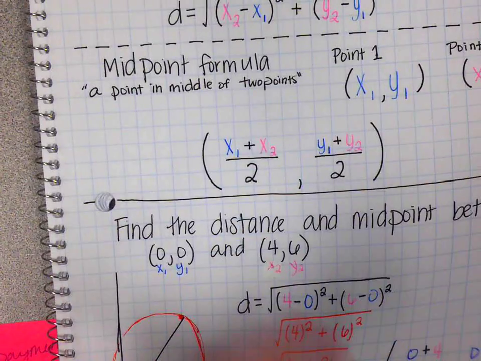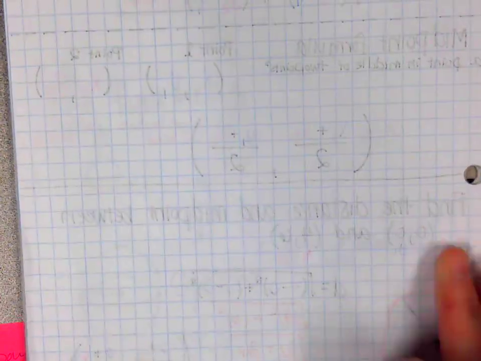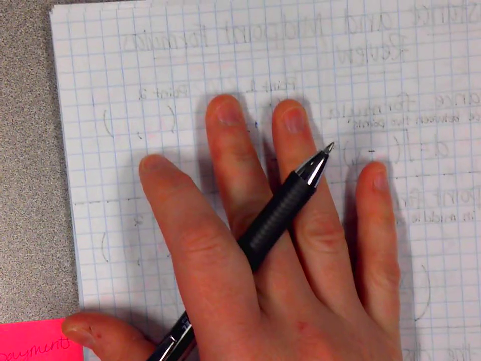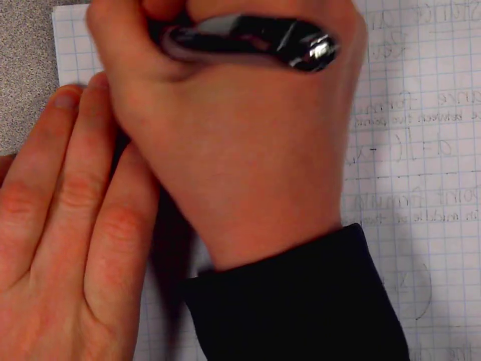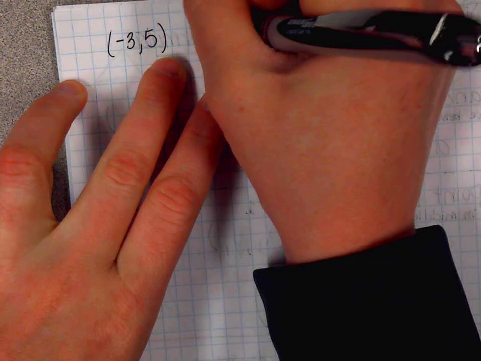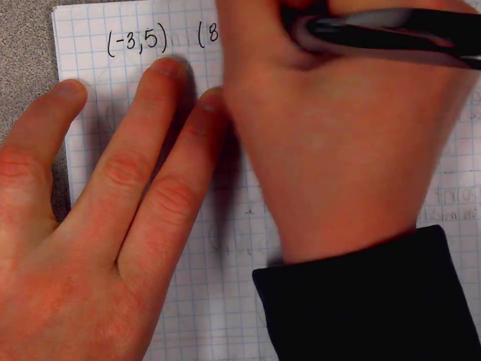Okay, let's do another one. So if I have the point -3, 5, and 8, comma, -1.